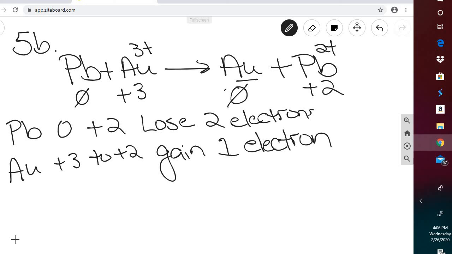So in order for lead to lose 2 electrons, the gold had to accept those 2 electrons, so we would take 2 of those. Now it's not balanced with respect to atoms, so if we put 2 golds over here, and look at the charges, 2 times +3, this charge is +6.